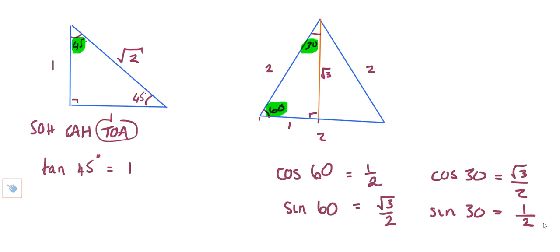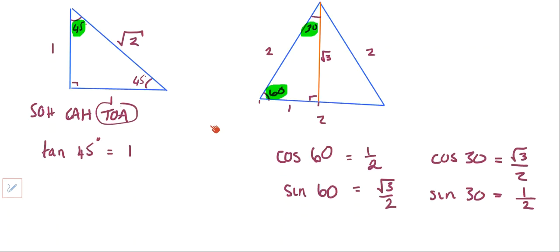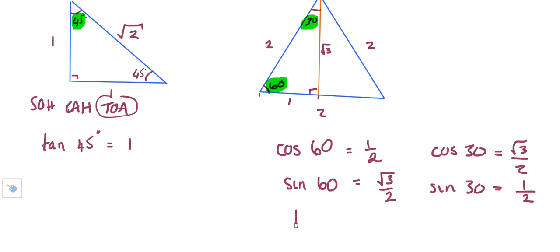What is therefore the tangent of 60? Nope, never over 2. Remember, we're only using the half, so root 3 over 1, or just root 3.